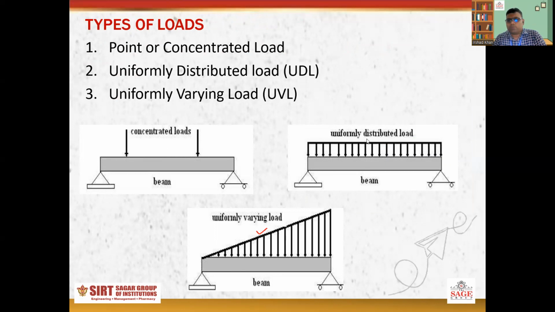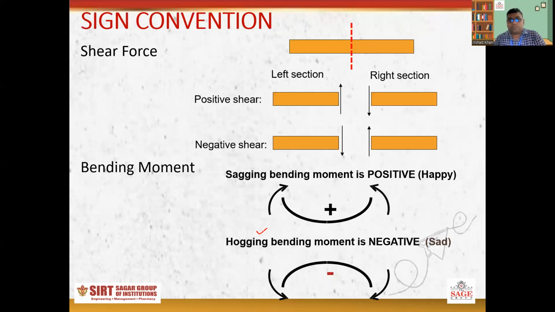Uniformly distributed load: when the load is uniformly distributed over the length of the beam, or sometimes over a given length of the beam. And uniformly varying load is when the load varies uniformly across the length of the beam.